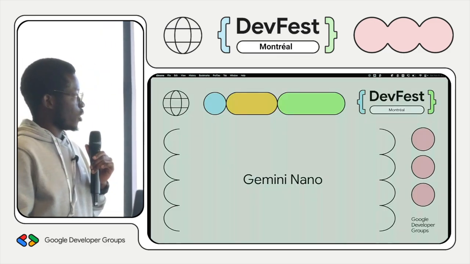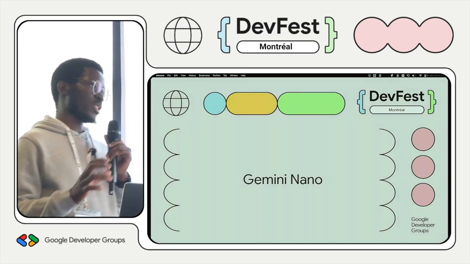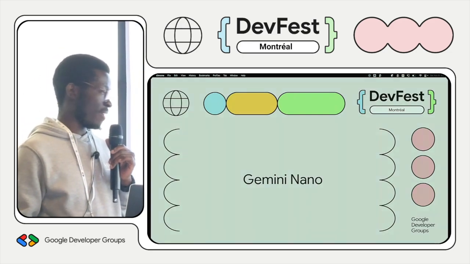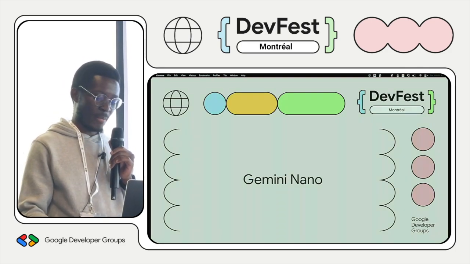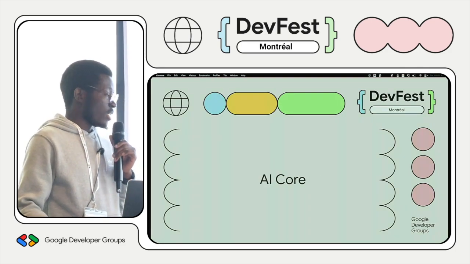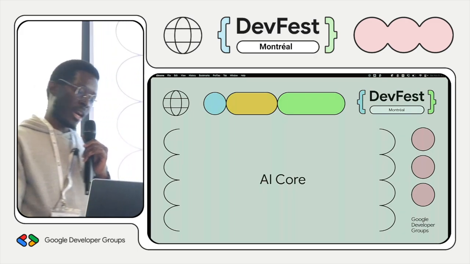So let's talk a little bit about Gemini Nano, the smallest model of the Gemini family, which is meant to be run on device. Gemini Nano is brought to us using AICore.